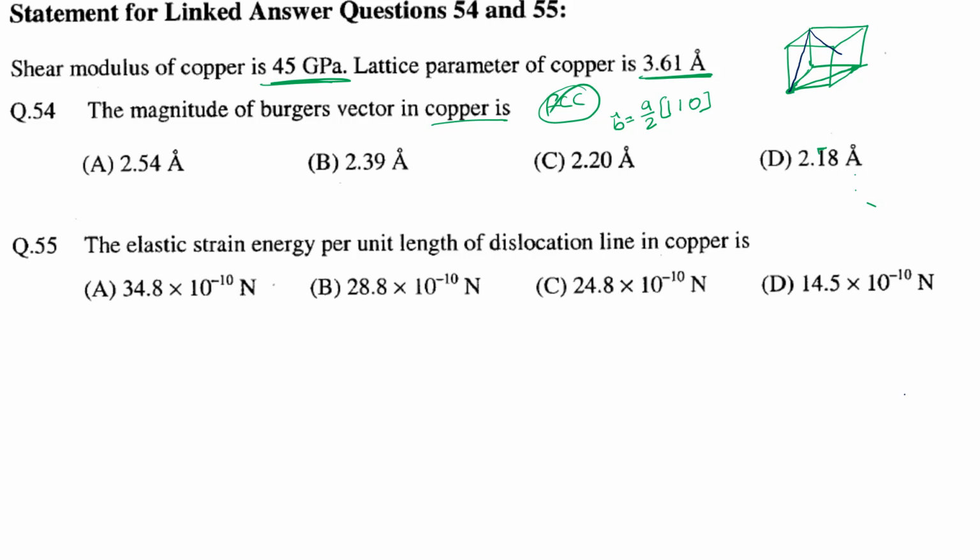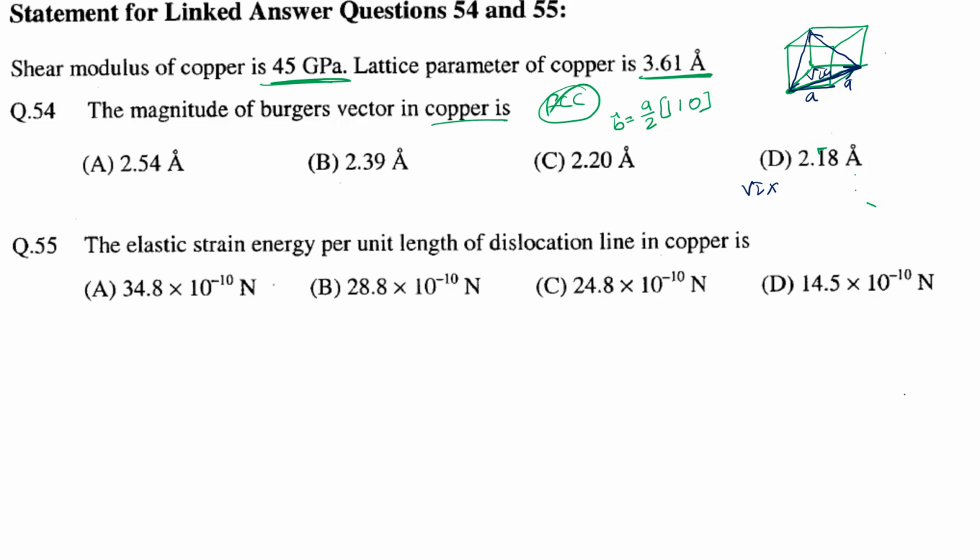The direction will be like this, right? This is your slip plane. One of these directions, suppose you take this direction, or this direction. This is a diagonal of the face, so the diagonal of the face, where the edge is a, will be root 2 a, right? So this diagonal is root 2 into a.